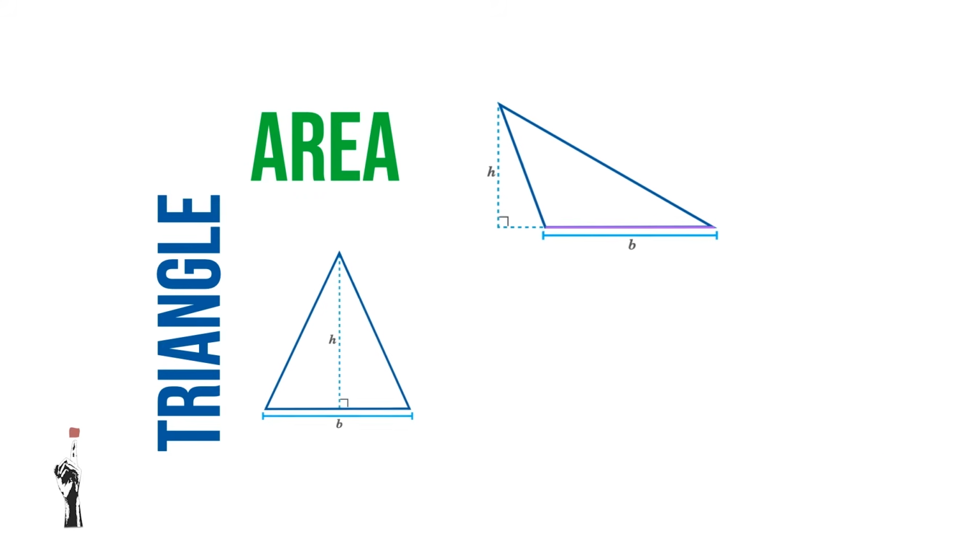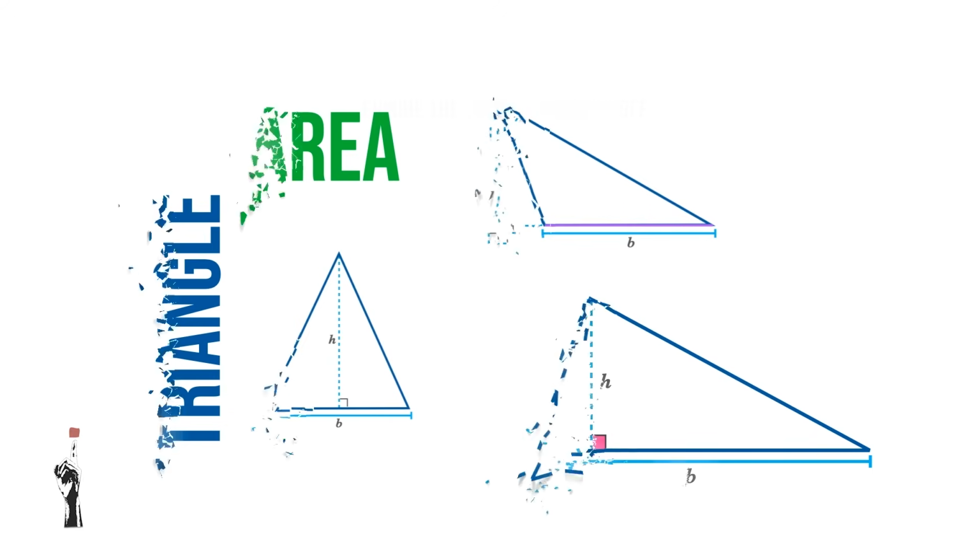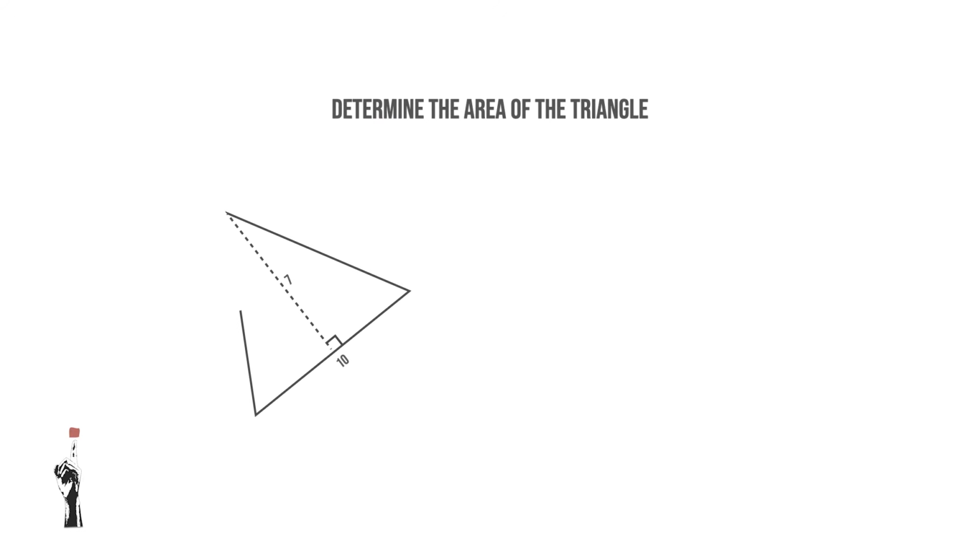A third example, once again having my perpendicular height, this will be my base, as the 90-degree angle rests on this side. Let's determine the area of this triangle. I know that area is equal to a half times base times height, which is my perpendicular height.